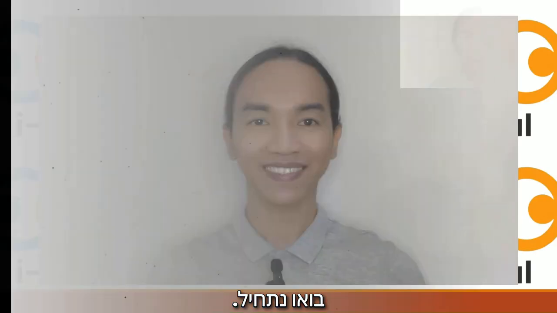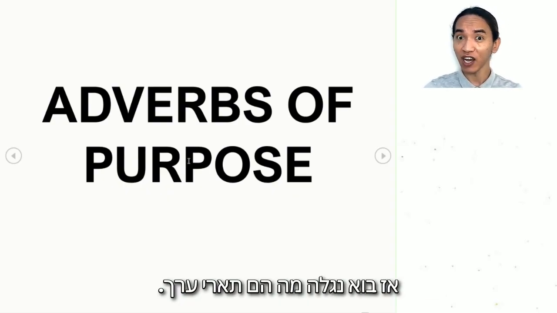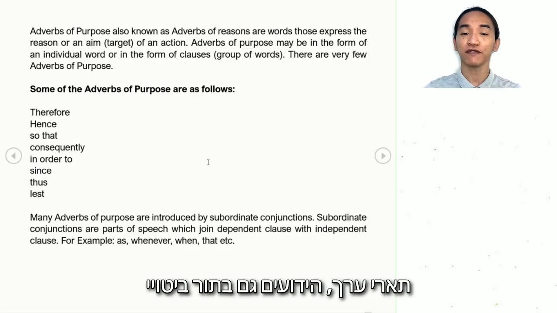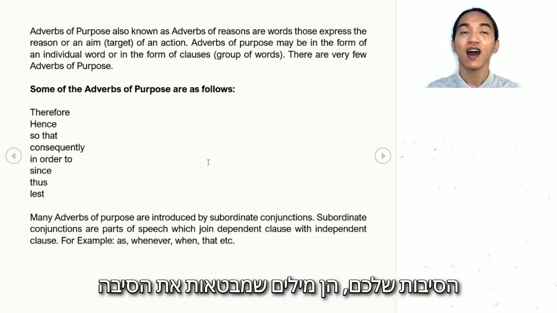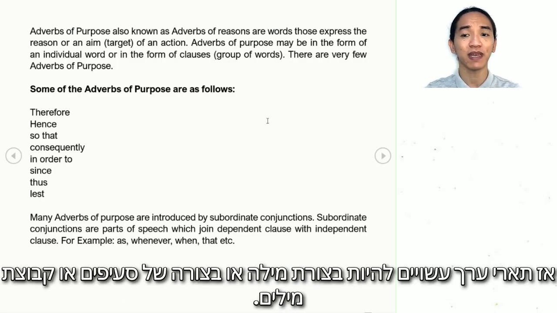Let's go. So now let's go ahead and talk about the adverbs of purpose. So let's find out what adverbs of purpose are. Now, adverbs of purpose, also known as your adverbs of reasons, are words that express the reason or an aim of an action. So adverbs of purpose may be in the form of an individual word or in the form of clauses or group of words, okay?